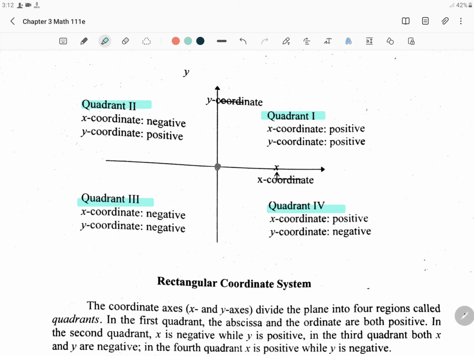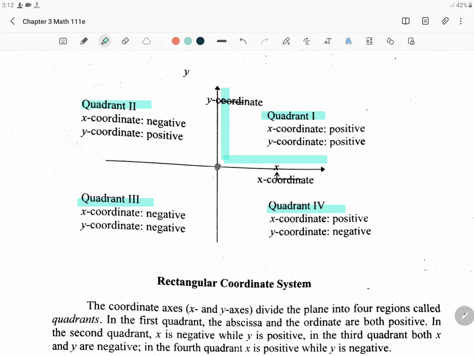Dito sa first quadrant natin, okay, notice, yung x natin is going to the positive direction. Kaya positive. Samantalang yung y natin, it is also going to the positive direction. Other than that, pag baliktad yung direction, it becomes negative. Katulad na lang ng quadrant 3 natin, that is exactly negative for both the coordinates natin.